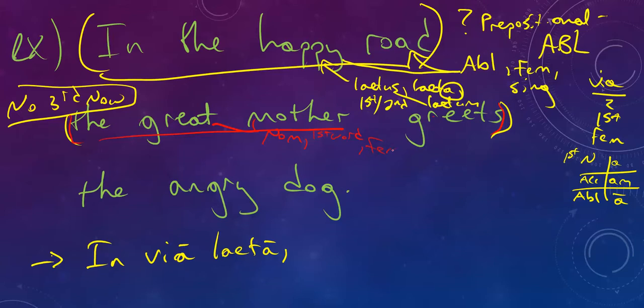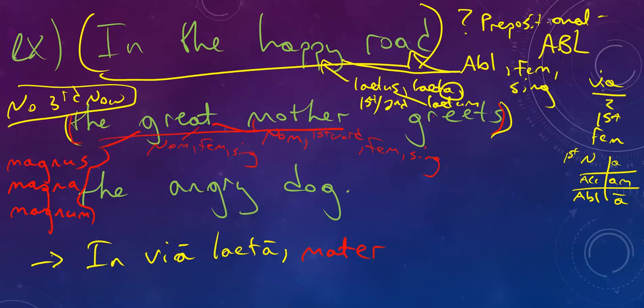Mother is feminine and singular. That means that for our adjective, we also want it to be nominative, feminine, and singular. So let's put the mother down first. The first word is mater. The word great in the dictionary is magnus, magna, magnum.